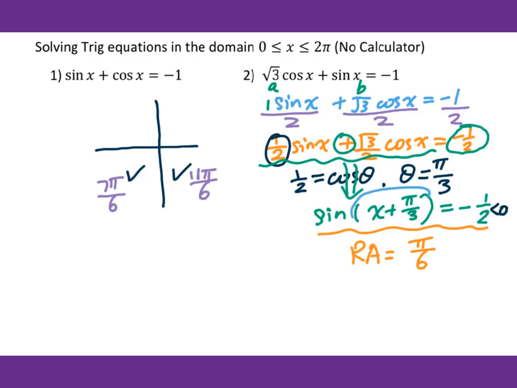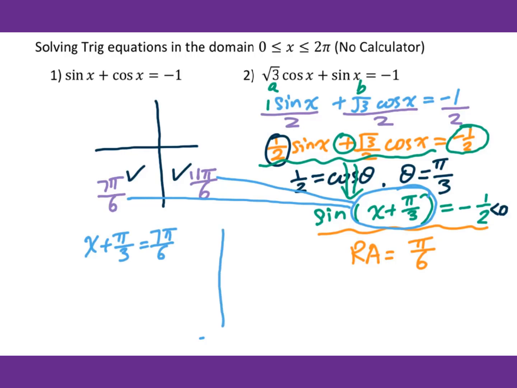Then we set up this angle equals to these two. Therefore, x plus pi over 3 equals 7 pi over 6. Then we set up x plus pi over 3 equals 11 pi over 6.